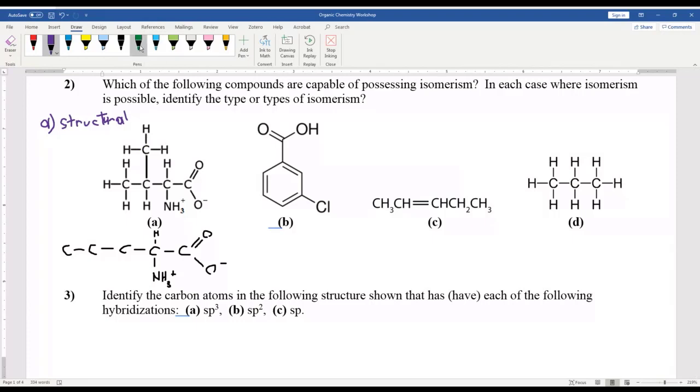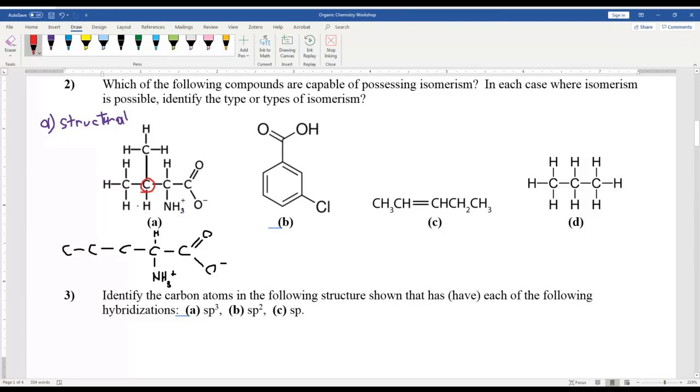So as a general rule, this carbon here can't be chiral because it's already bonded to 3 hydrogens. Well, that's 3 identical groups. I need 4 different groups. So that's not chiral. Likewise, this one can't be chiral, bonded to 3 hydrogens. This one is not perhaps as easy to see.